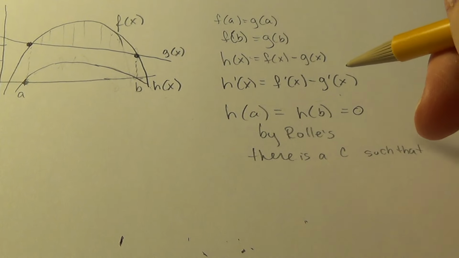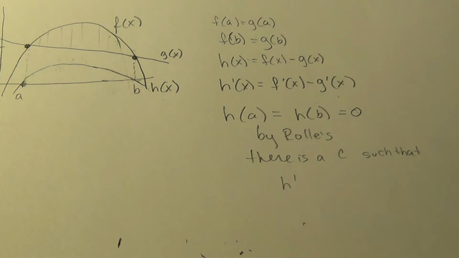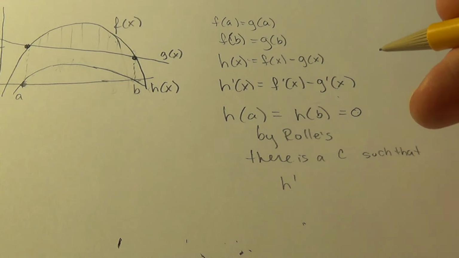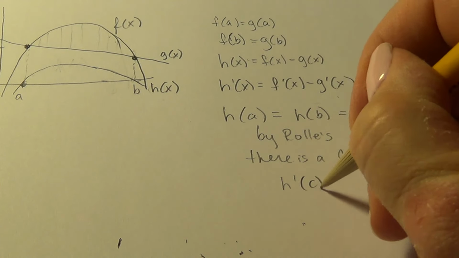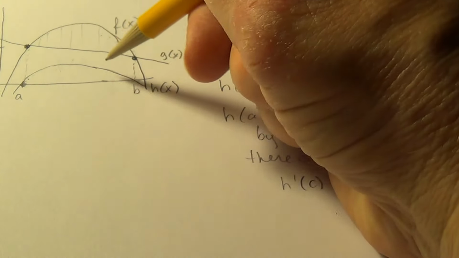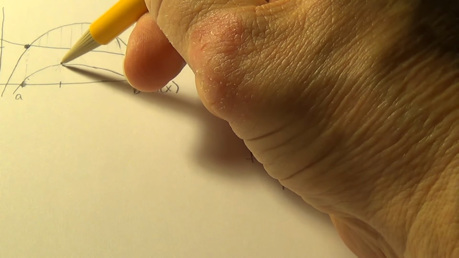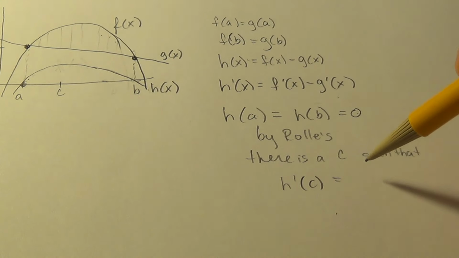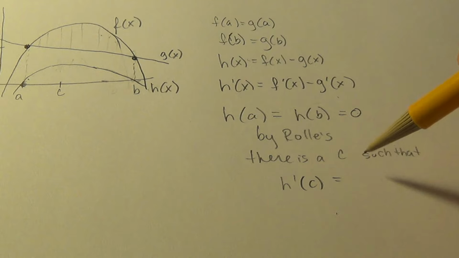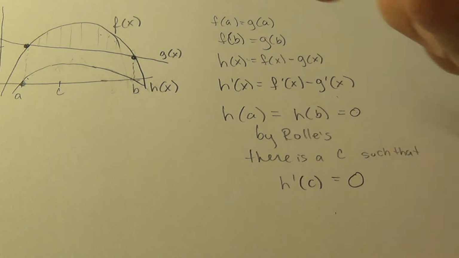There is a C such that h prime at C equals what? What does Rolle's guarantee? It guarantees that there's a C somewhere. I'll put it right there, so that it has a derivative of 0.